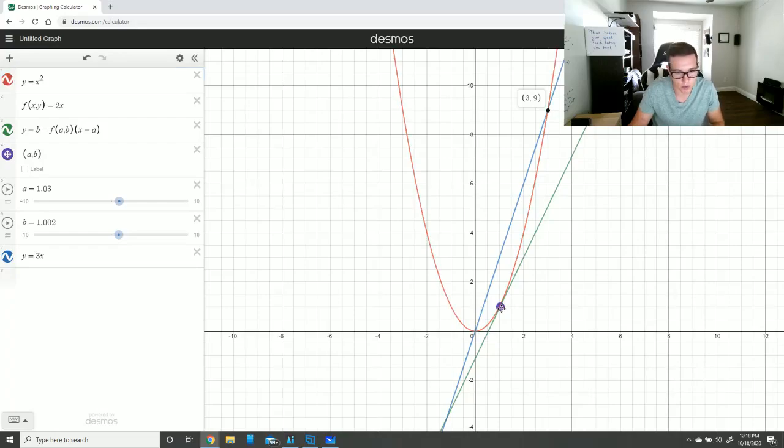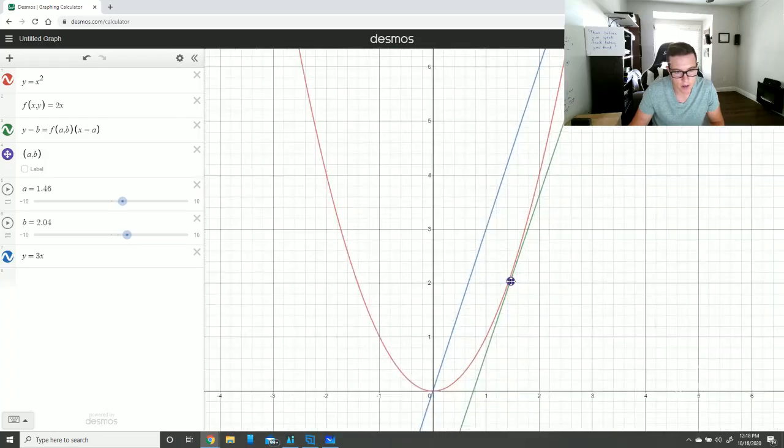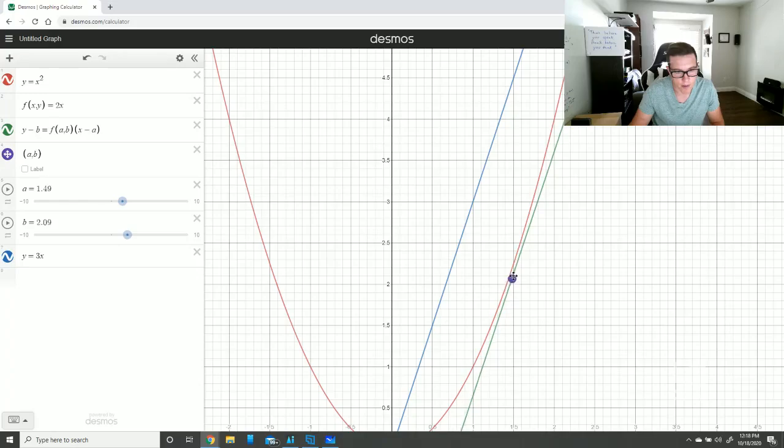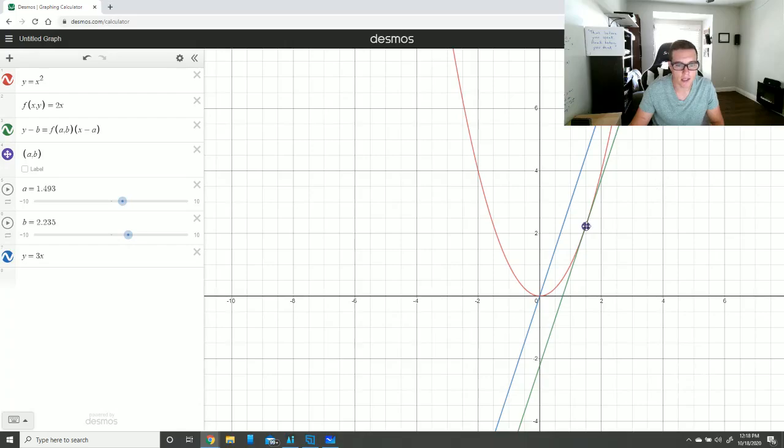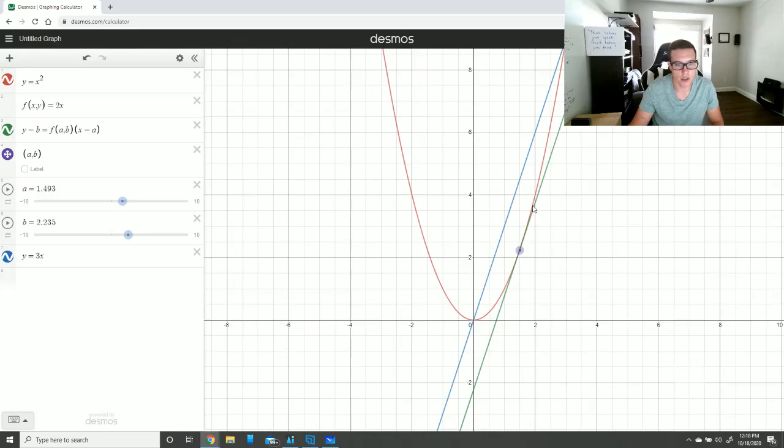And according to the work we just did, it happened right there, right at 1.5. And you see how the tangent line and secant line are parallel? That's showing that at that instant, at the 1.5 mark, the average rate of change was equal to the instantaneous rate of change. My average, the blue secant line, had the same rate of change as my tangent line.